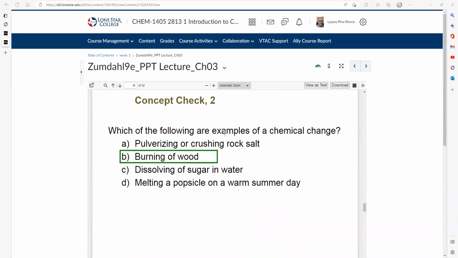Which of the following are examples of chemical change? Well, burning of wood, because at the beginning you have wood, but at the end you have what? Ashes. In the other cases, there is no change in the matter. We continue with, in this case, dissolving sugar in water. At the end you have sugar and water, but in the form of a solution.